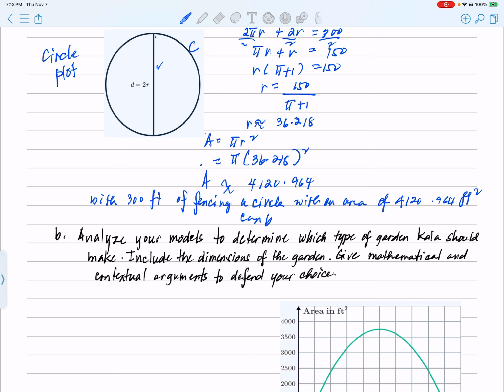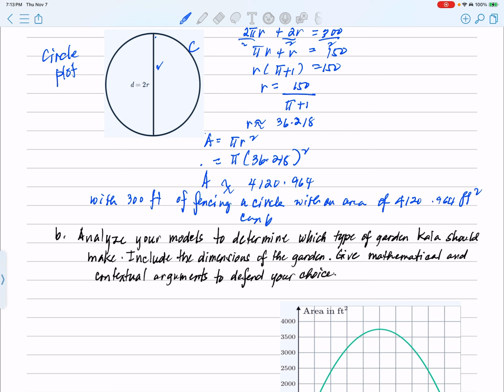Analyze your models to determine which type of garden Kala should make and include the dimensions of the garden and give the mathematical contextual arguments to defend your choice. So, to answer this question, we need to make an assumption about what key features Kala and her family might prefer.